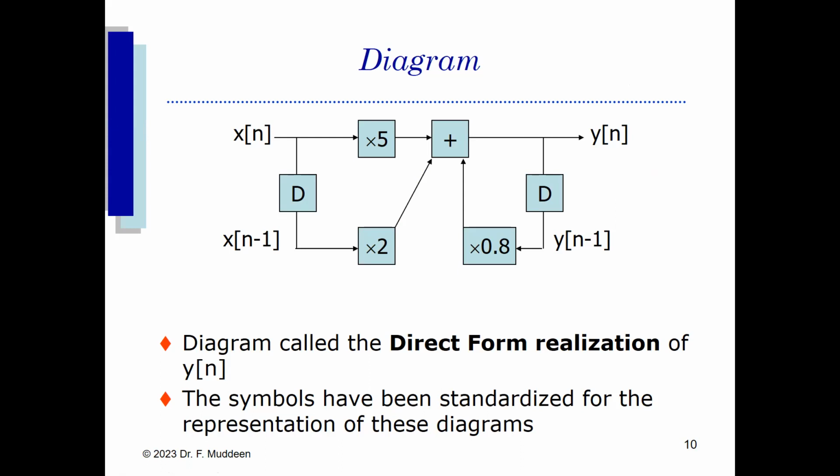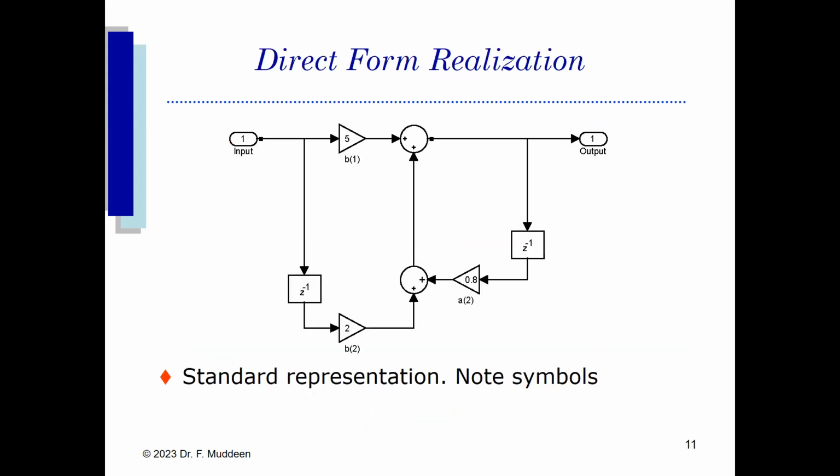For the diagram, for this representation of the transfer functions, they standardized the representation. So normally each delay is represented by a box with a z minus 1 in it.